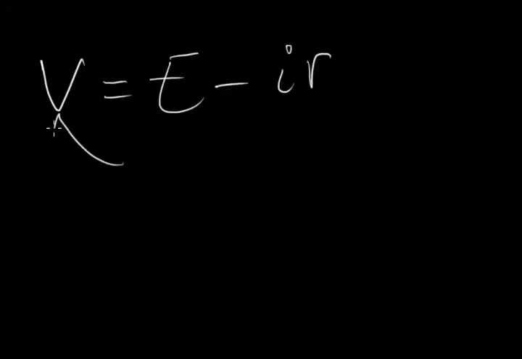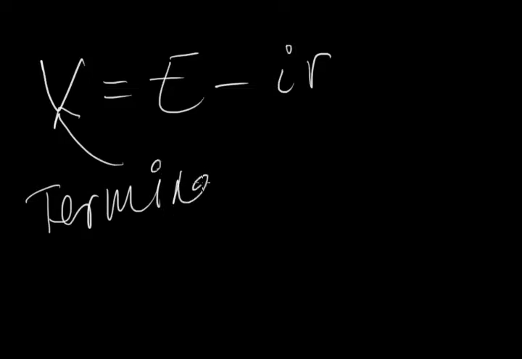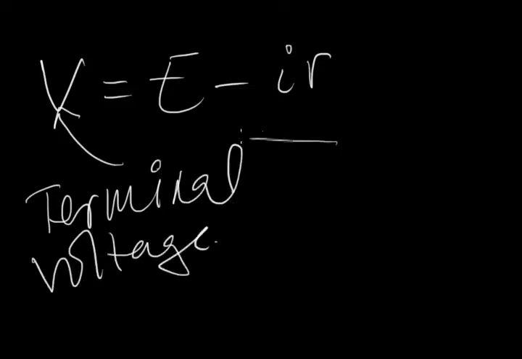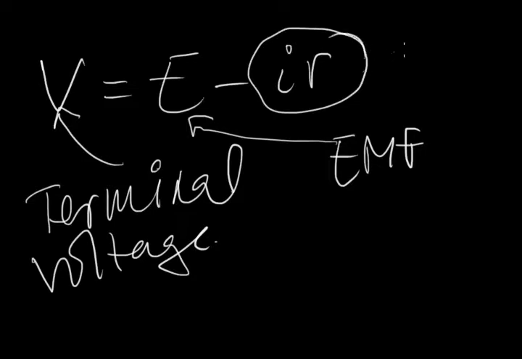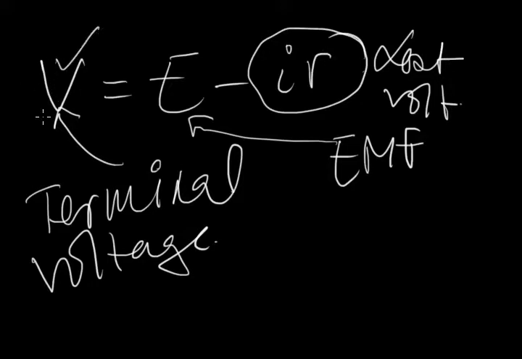I'll repeat that V is the terminal voltage, what we get across the external resistance, E is the EMF of the circuit or the electromotive force, that is the supply provided, and Ir is what we call a lost volt, because this is the voltage we cannot apply across the external circuit. So that is all about Ohm's law in a closed circuit.